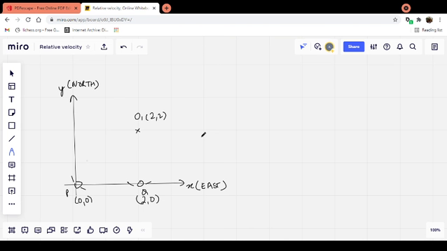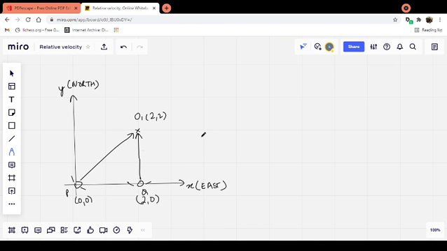First of all, let us draw the position vector of the object O1 as observed from the observer P. That position vector would be a straight line like this, and it would end at O1. Similarly, let us draw the position vector of the point O1 from the observer Q. So here is the position vector which I am drawing, and it ends at O1.